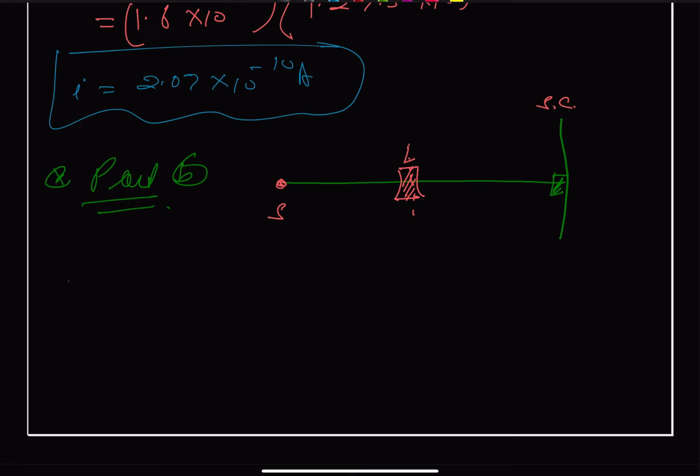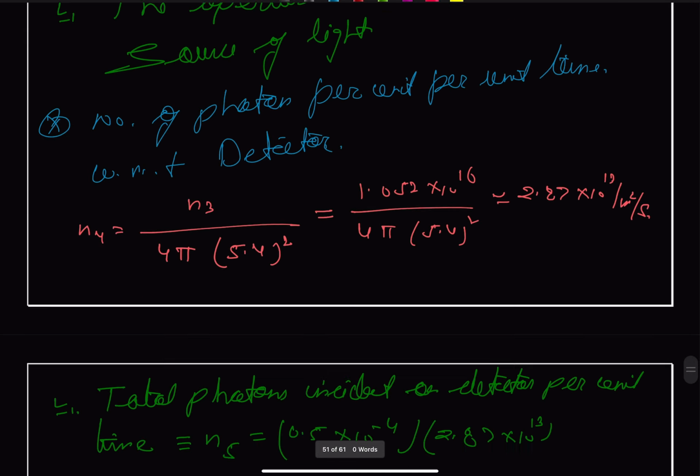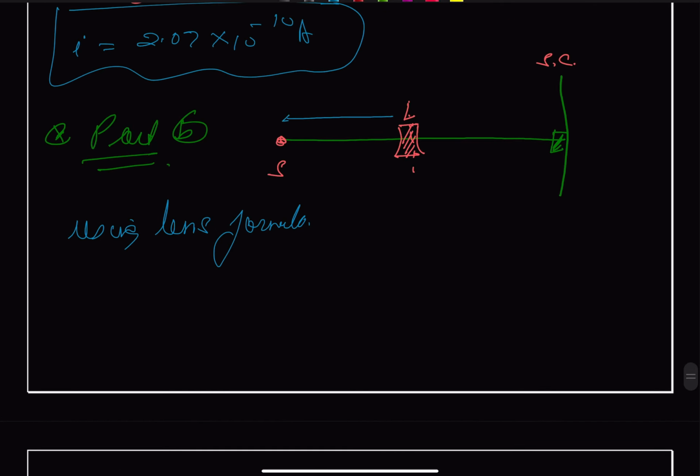So using the lens formula, we can say that our object distance was 0.6, so this object was our 0.6, and we can write that 1 upon V will be equal to minus of 1 upon U. This gives us V is equal to minus 0.3 meters.